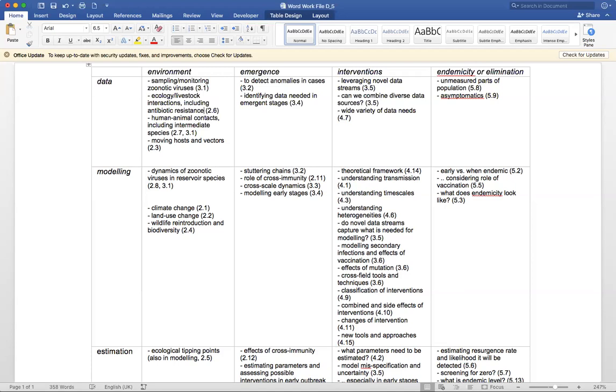So where did the virus mutation end up? Well, I think we felt it was covered by the dynamics of zoonotic. Oh, okay. Do you want to have it labeled in your list as well? I think maybe not.